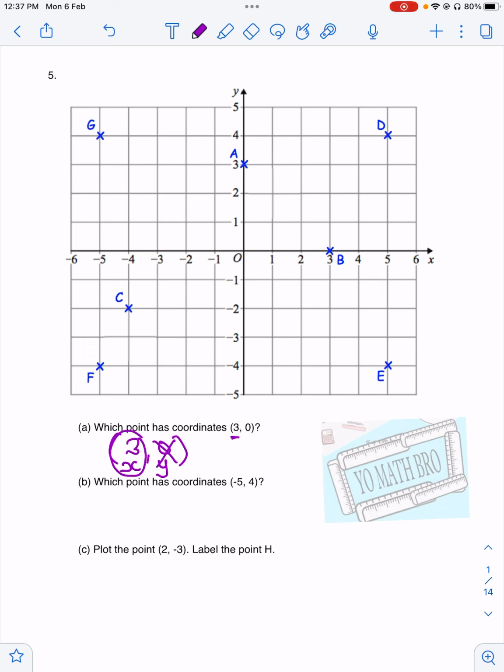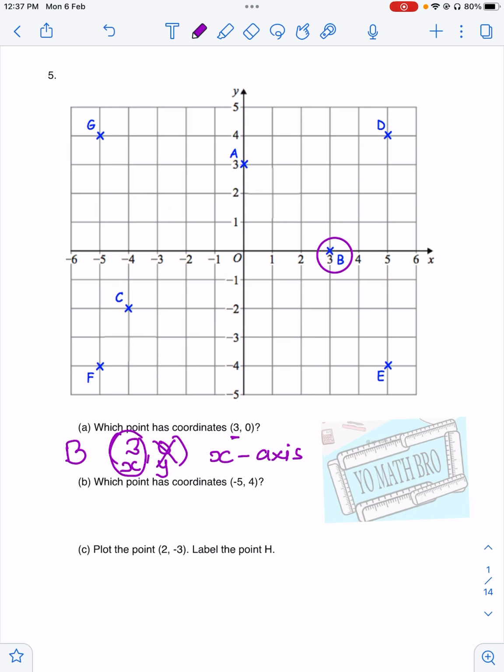One very important point to remember here is that if the y coordinate is 0, then the point lies on the x-axis. Remember. So look at the x-axis, we can see here point B is lying on the x-axis. The first answer we get is B.